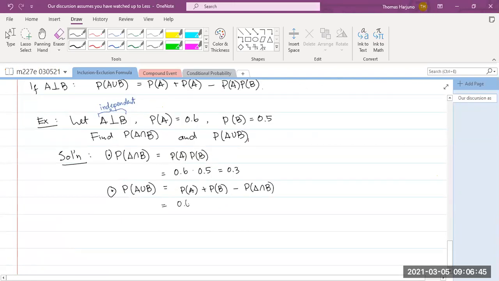That's 0.6 plus 0.5 minus 0.3, right? That 0.3 is actually coming from here. Then this is equal to 0.8.